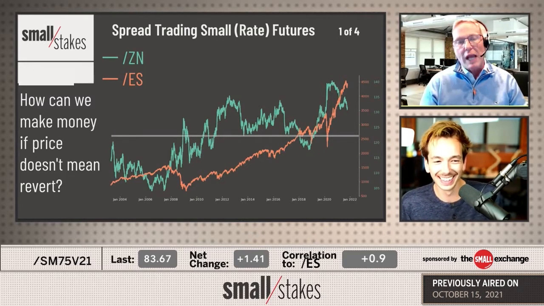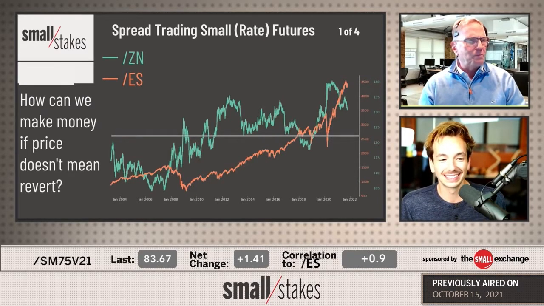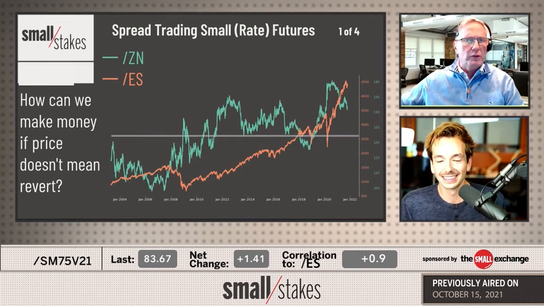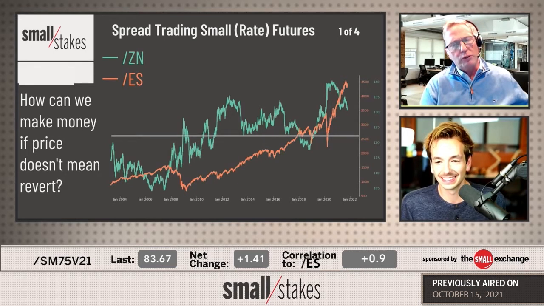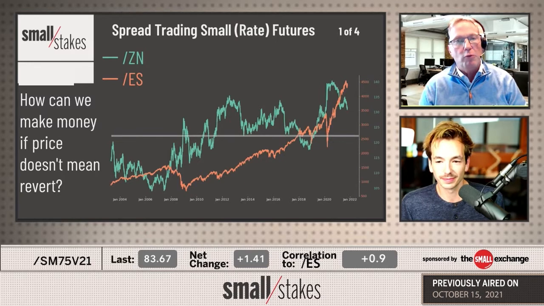So when you get an outlier participant like that, whether it be a central bank intervening in currency markets or, in this case, interest rate markets, you tend to see a market that does mean revert. In this instance, that non-price sensitive buyer causes a market to mean revert more likely than it would otherwise.